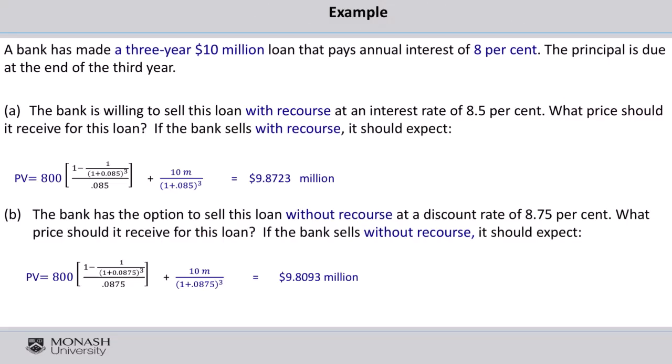life of the loan. So in this example, just to take an example, we have a 10 million ringgit loan that gave 8%. Now with this 8%, we will have around 800,000 as interest for 3 years.